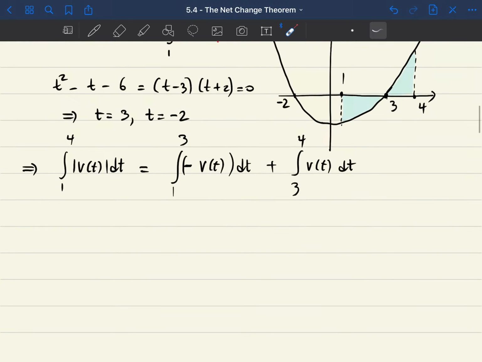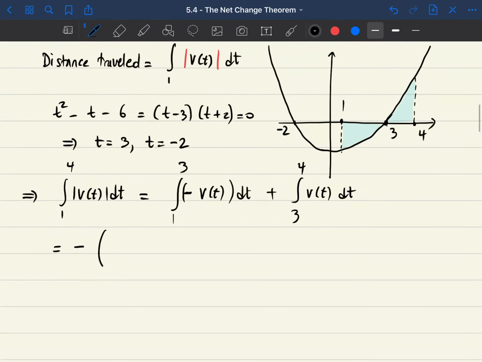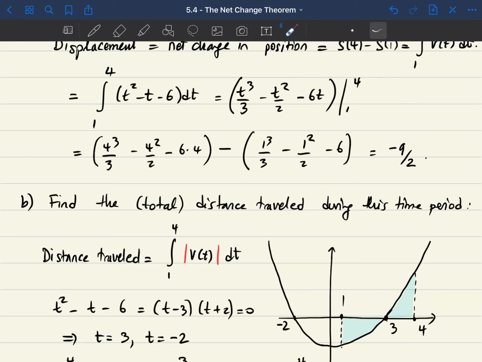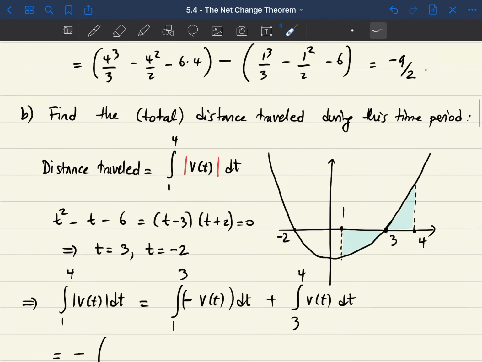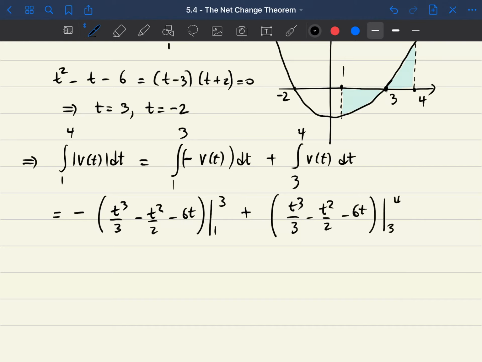So let's do this. This is equal to now minus, remember the antiderivative of v as we wrote up here. This is equal to t cubed over 3 minus t squared over 2 minus 6t from 1 to 3, plus t cubed over 3 minus t squared over 2 minus 6t from 3 to 4.